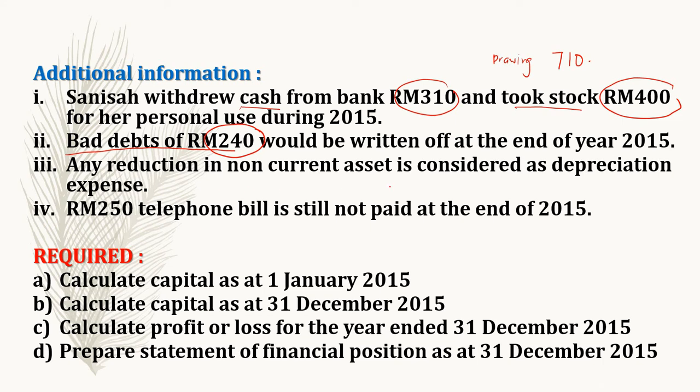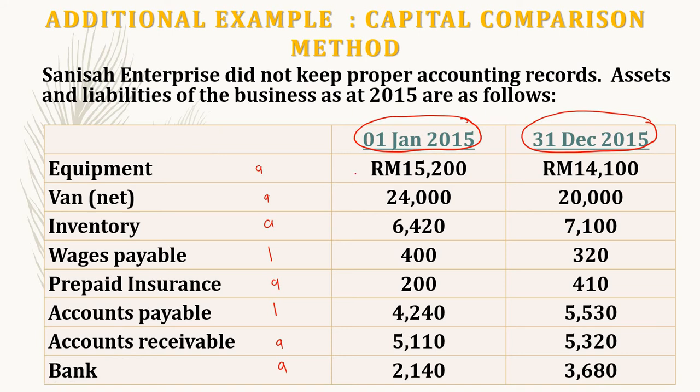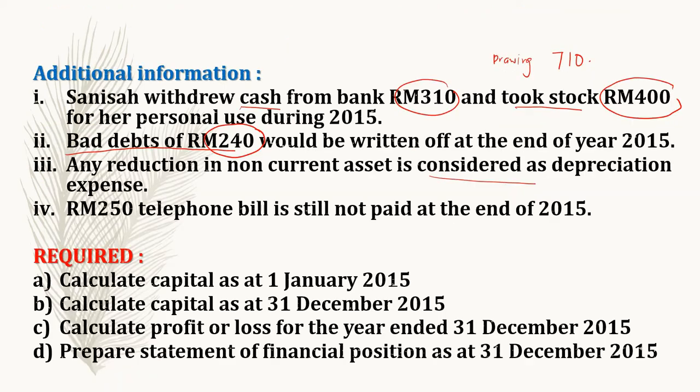Any reduction in non-current asset is actually your depreciation expense. As you can see in the question earlier, the beginning non-current asset, for example equipment, is 15,200, but the ending balance is 14,100. That means the difference of these two amounts is actually the depreciation expense.